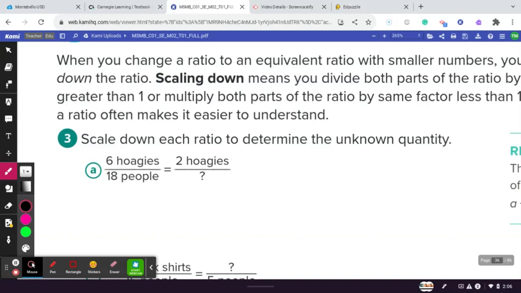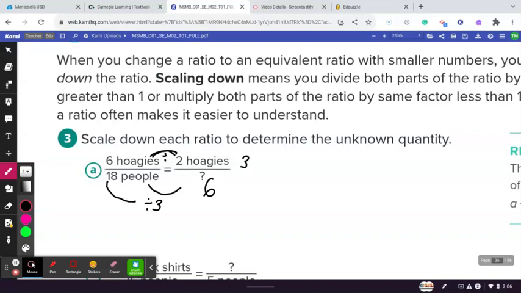So you're going from 6 hoagies, and that's a type of sandwich. Okay, you're going from 6 to 2. So you would do 6 divided by 2, which would be 3. Okay, so you would be dividing by 3. So here you divide by 3, and then down here you would divide by 3. 18 divided by 3 is 6.